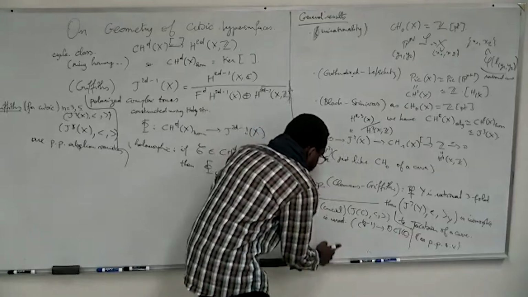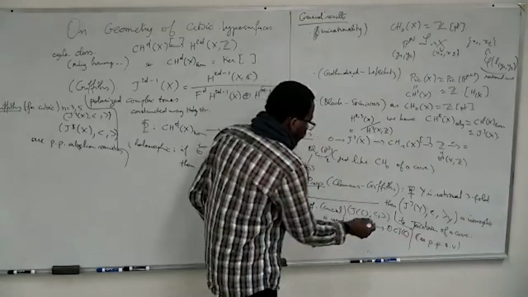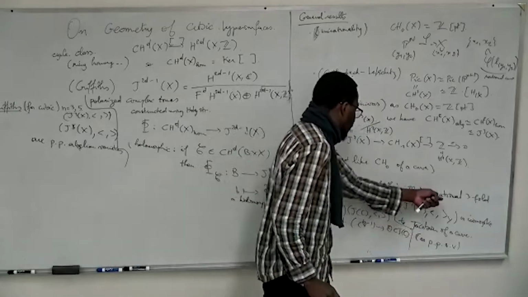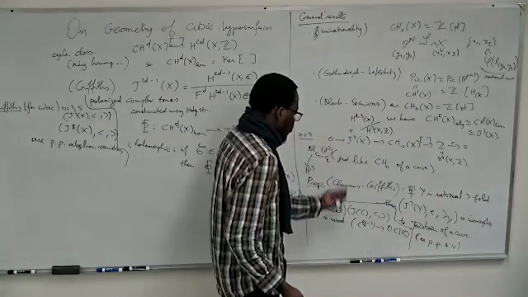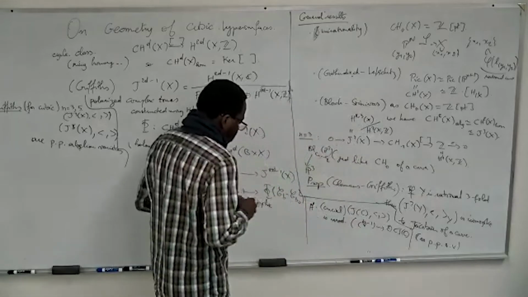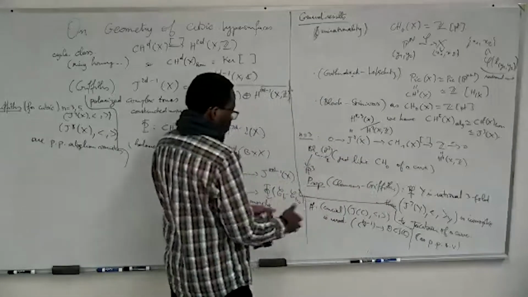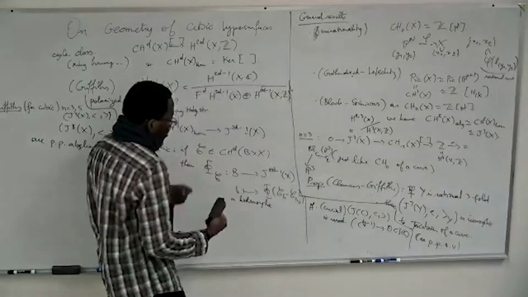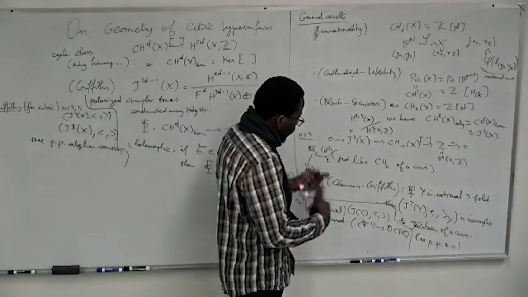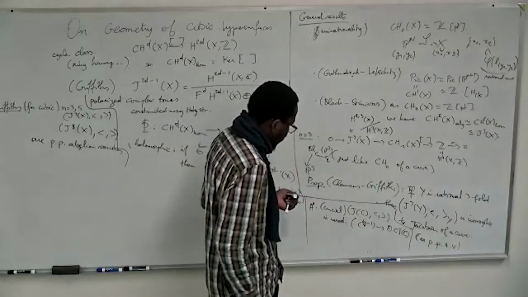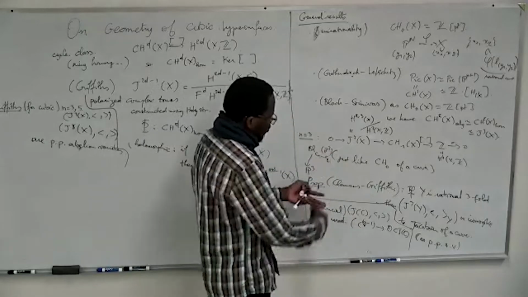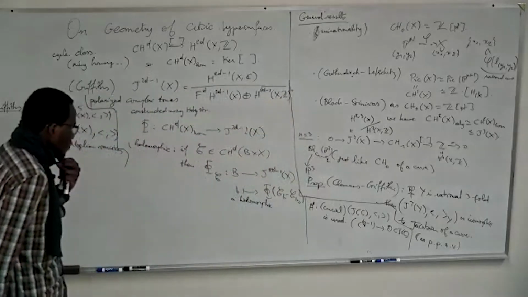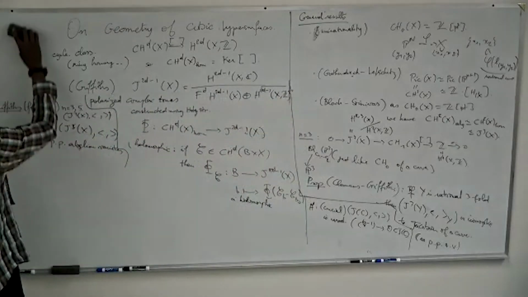And then one uses correspondences to show that the intermediate Jacobian of such a thing will be a direct summand of the sum of Jacobians, and then by irreducibility it has to be a Jacobian, exactly. And then they use the geometry of the cubic, and especially the geometry of the variety of lines of a cubic, to prove that it is not the case for cubic threefolds.